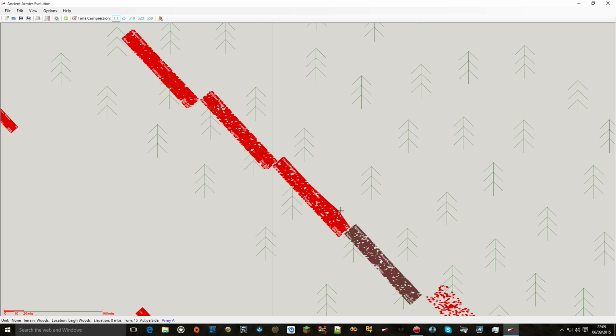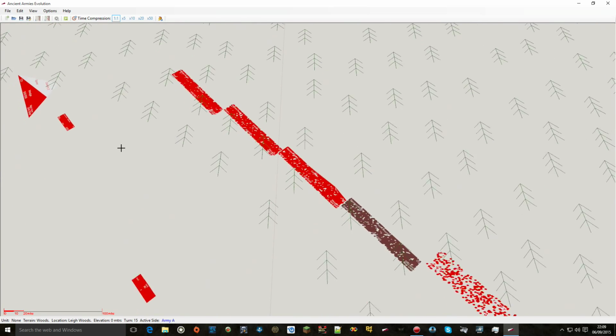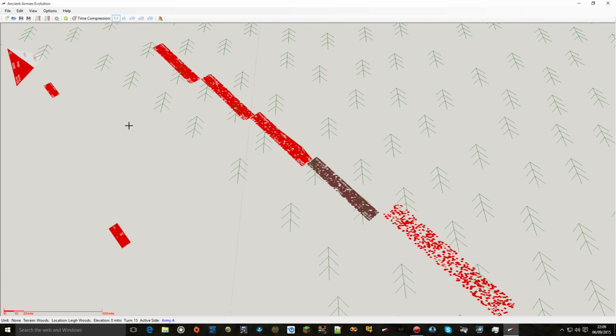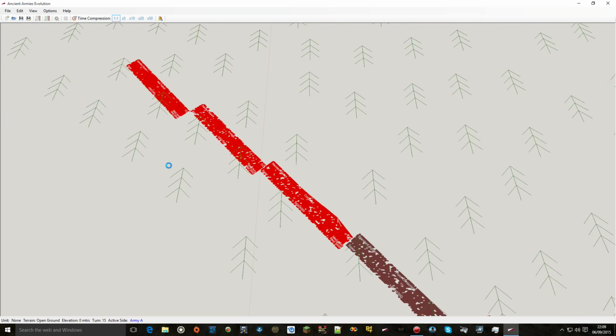Looks like a little bug there, which I'll need to address at some point. It shouldn't be there. Let's give it another 30 seconds. Let's see how they're doing.